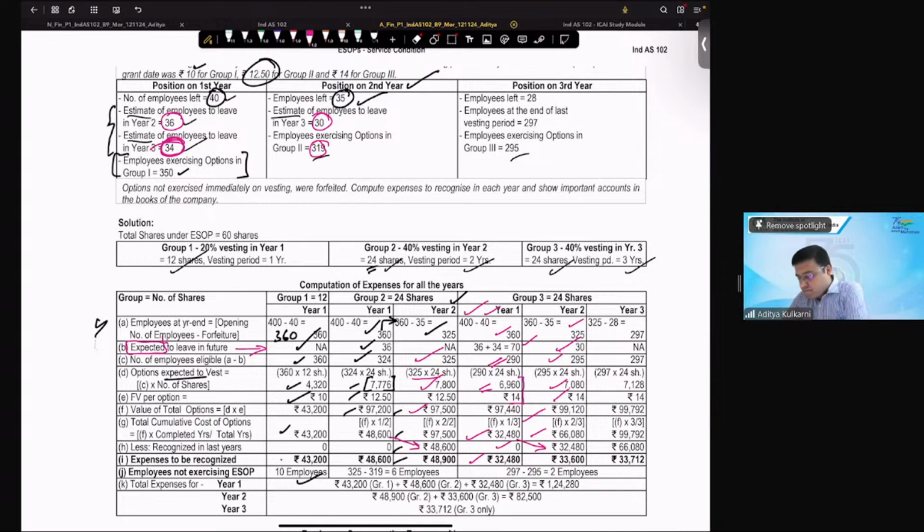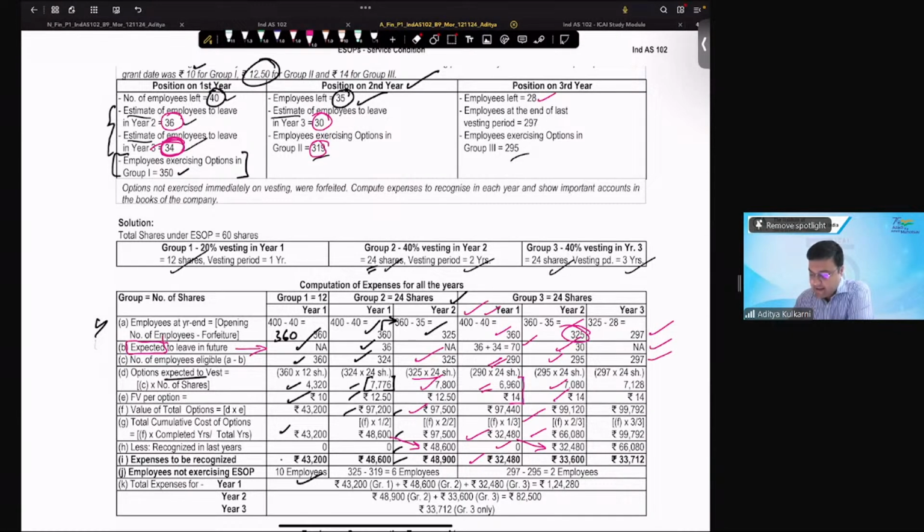Yes, sir. Perfect. Coming to year 3 finally. 325 employees I start with, and employees left is 28. So 325 minus 28, 297. Employees expected to leave in the future, is it relevant now? Not relevant, sir, because the program gets over in the third year.